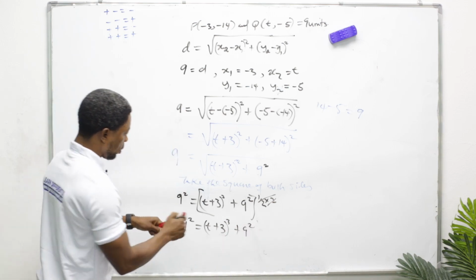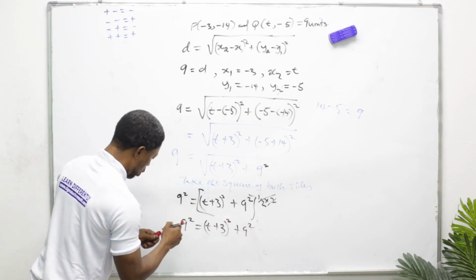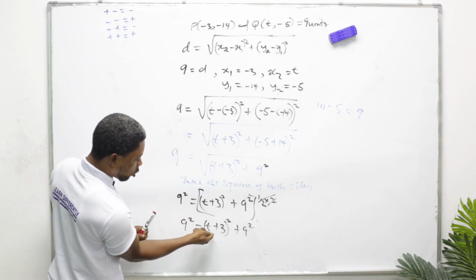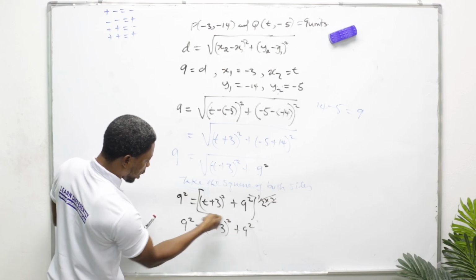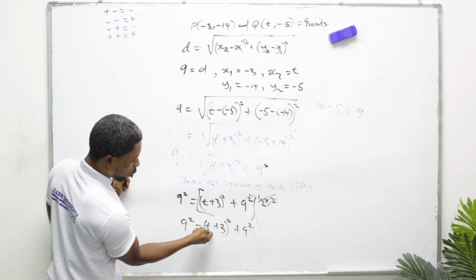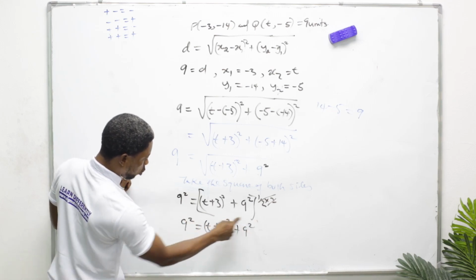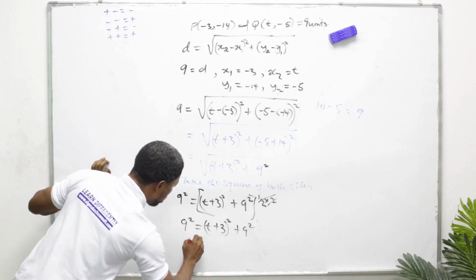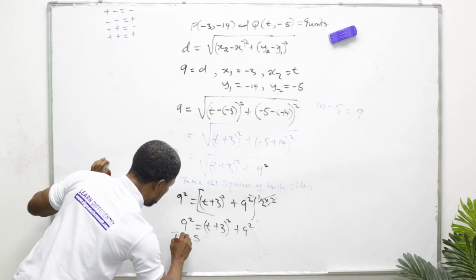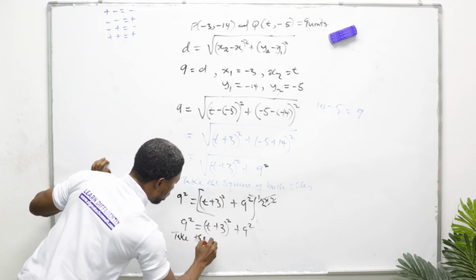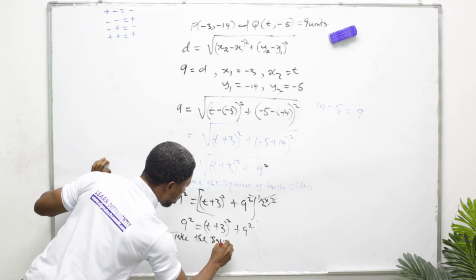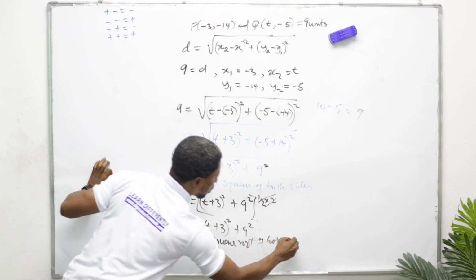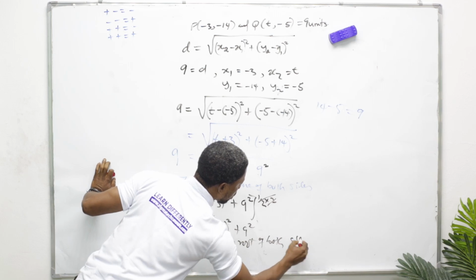At this point in time, we are going to remove these squares from here so that you can get to T. Because if this square is still here like this, you find it very difficult to get to this one. So this one, this one, this one must go. You use the language of take the square root of both sides.